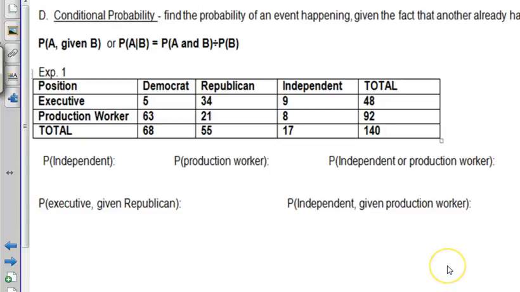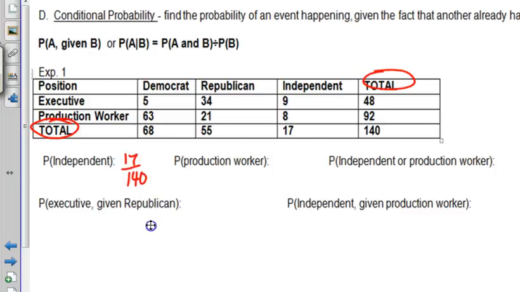Conditional probability, this is what we were just doing a minute ago with the seniors, males, all that good stuff. So if we're picking, we have this chart. What is the probability that we pick an independent? 17, this is total, right? And this is total. So there are 17 independents out of 140.